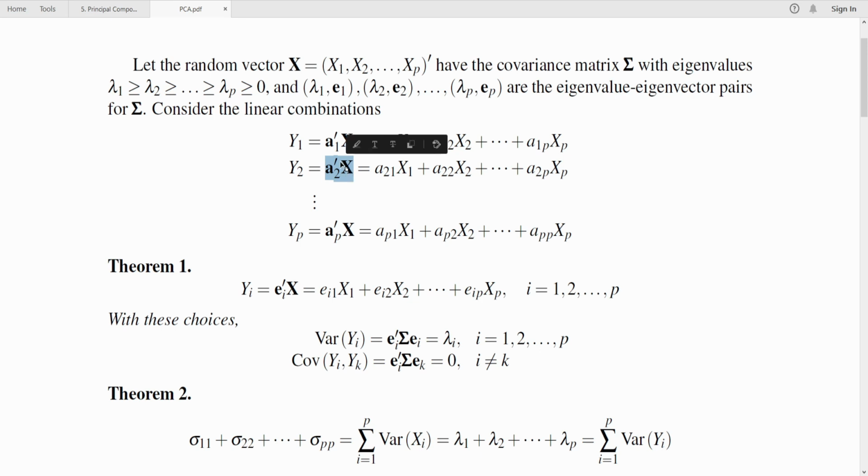So how would we choose, say, the p-th component? We would like maximum variance, right? And the covariance with all of the previous ones to be 0. So the covariance of y1 and yp to be 0, y2 and yp to be 0, y3 and yp, and so on.